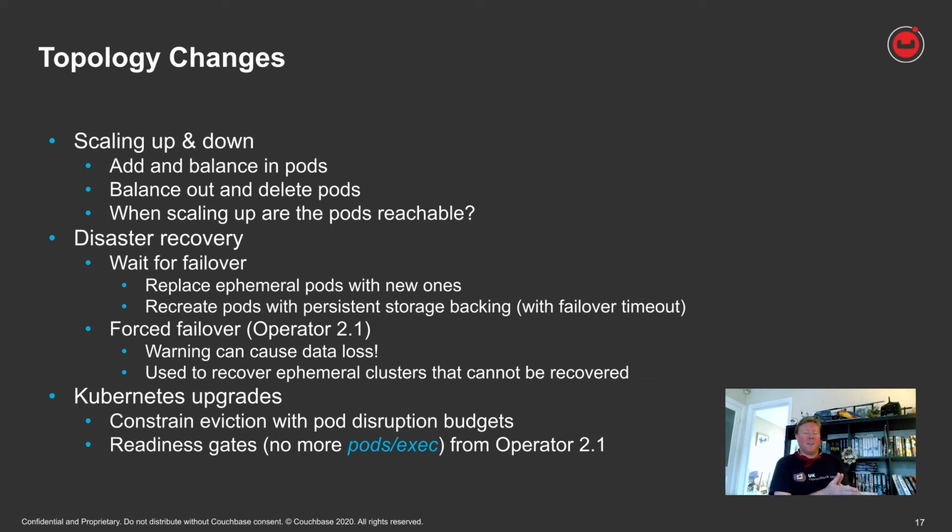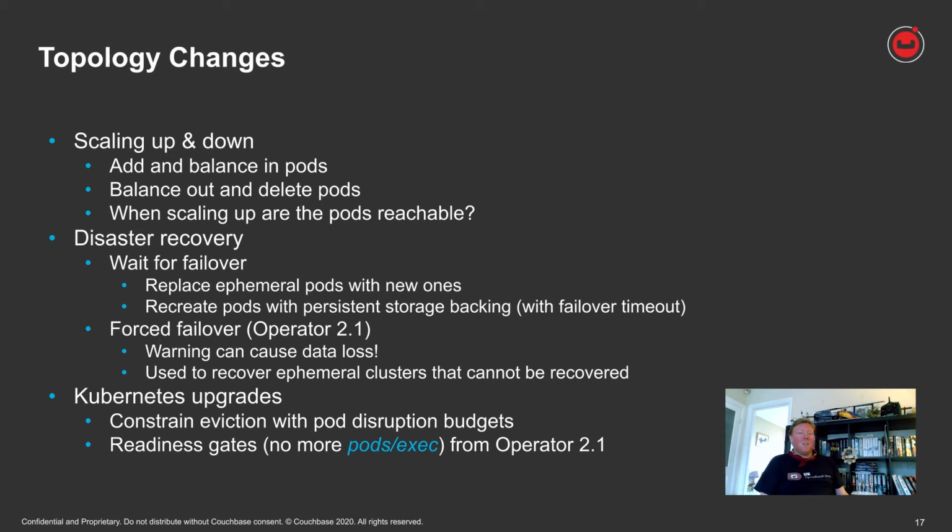Now, what this allows you to do is wait. We see the pods going down, and then there's an internal timer that we keep going, and we can use this to bring pods back alive if they're based on persistent volumes. And we're also using this now for forced failover. So if an ephemeral in-memory cluster goes down, or some pods go down, and Couchbase is incapable of actually failing them over, what we can then do is just give it a poke and say, right, fail them over.